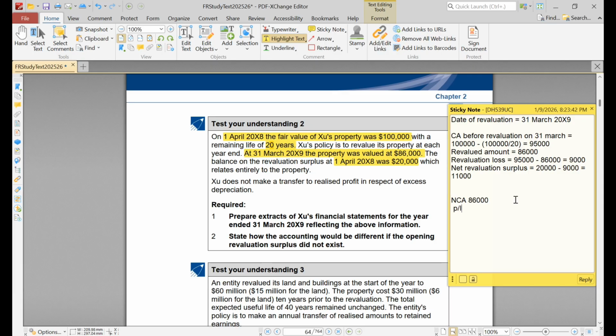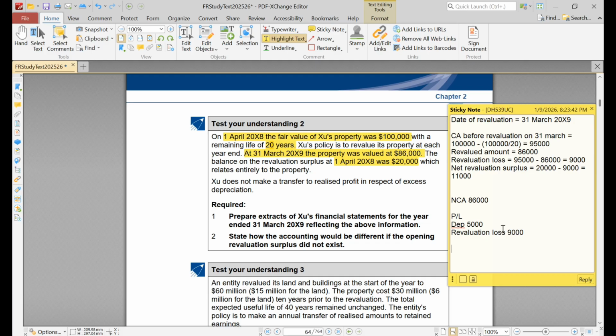In the statement of profit and loss, the depreciation would be 5,000, because for the year we charge the depreciation of 5,000, calculated here, and the revaluation loss is 9,000.